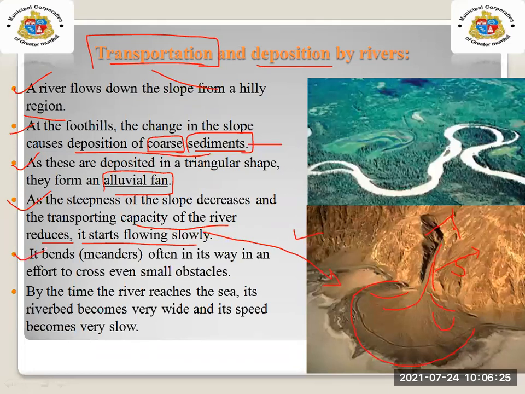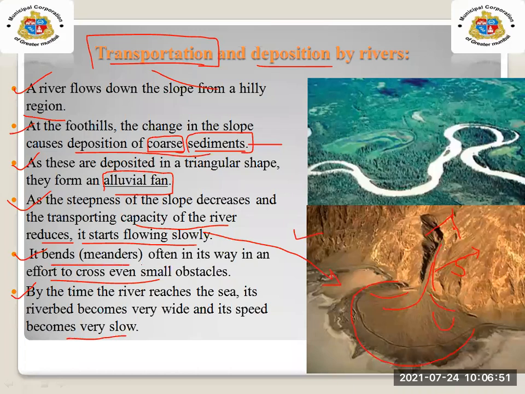Then it bends, meandering often in its way in an effort to cross even small obstacles. By the time the river reaches the sea, its riverbed becomes very wide and its speed becomes very slow.